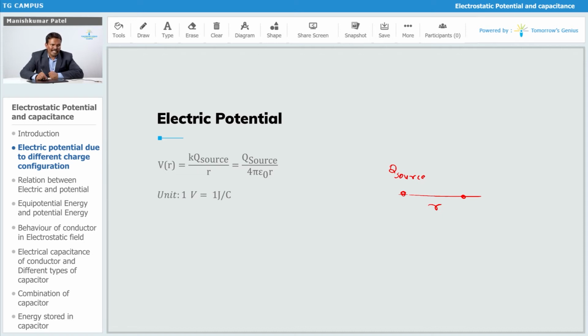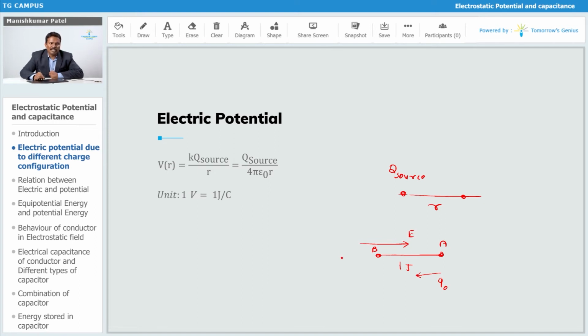Now what is the unit for this? It is 1 volt, that is 1 joule upon 1 coulomb. You can say that if you want to move between, for example, A to B, these 2 points, you have to do work of 1 joule to move the test charge Q naught from one point to another against the direction of the electric field.